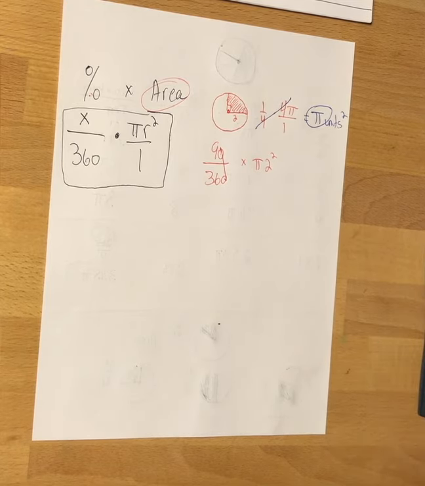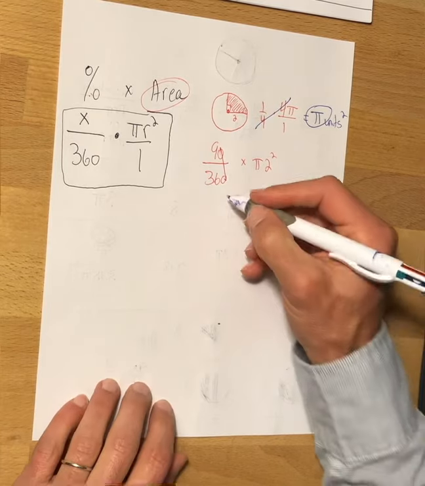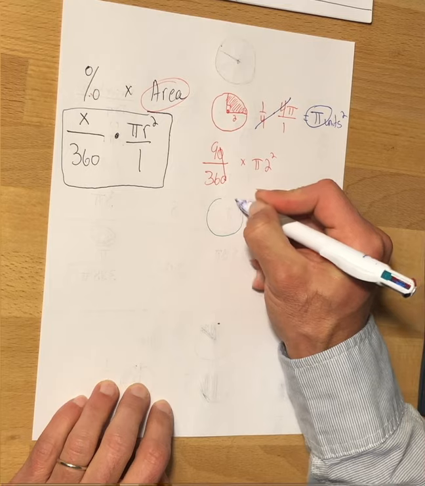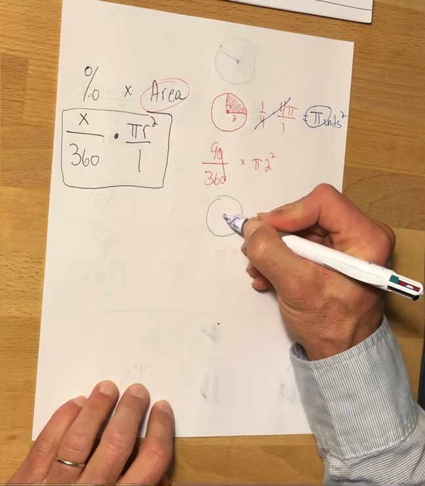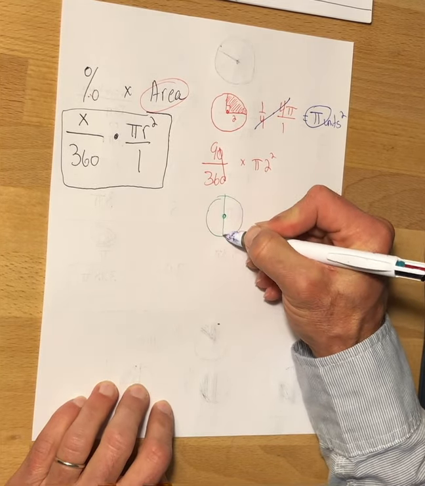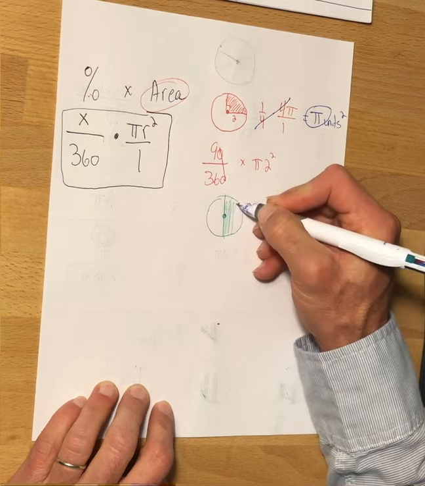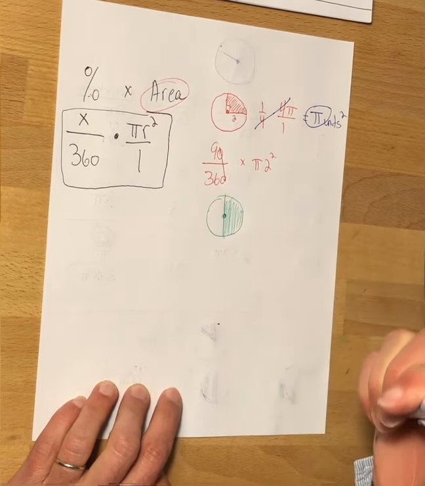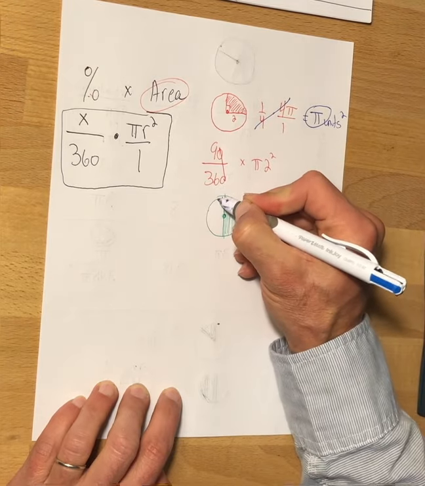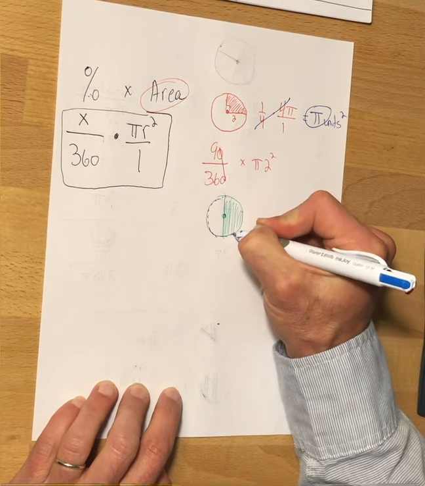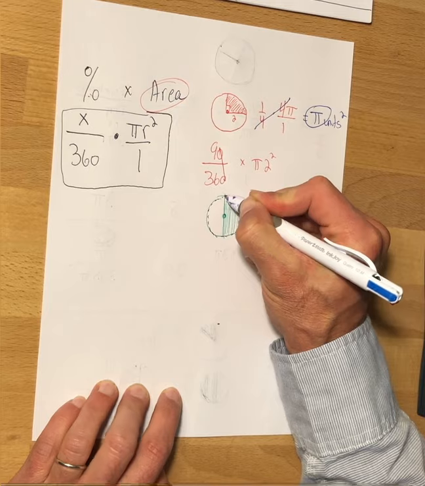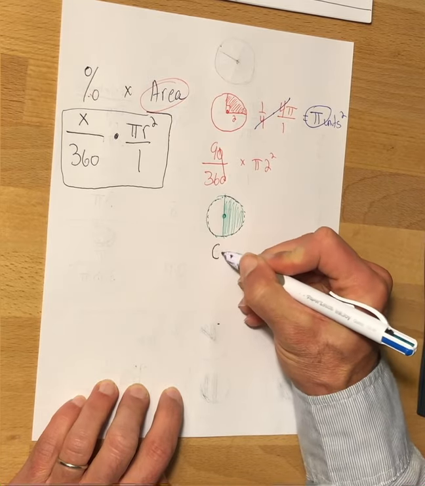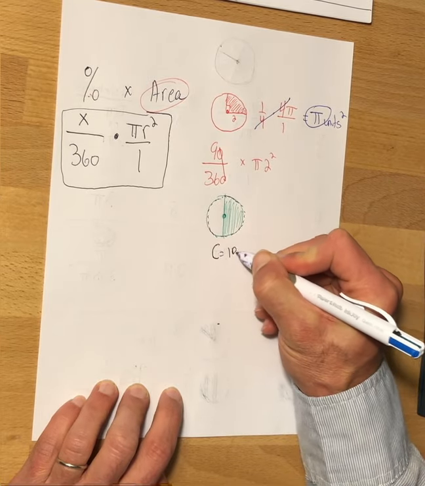Okay, now let's try the next example question. And they tell you, in this circle, they give you the circumference. If you were to go around this one time, it's called the circumference, and that equals 18 pi.